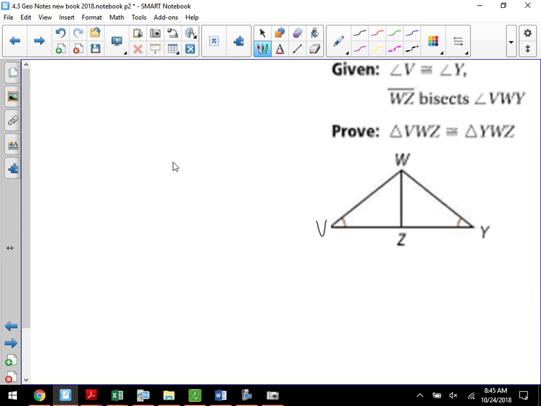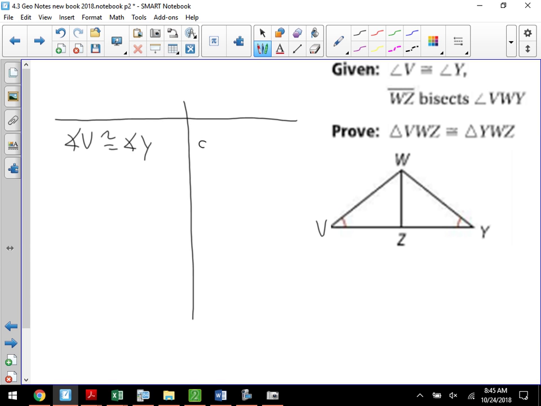You have angle B is congruent to angle Y. And you have a bisector. Given, it's marked. Okay. Go to the next one.